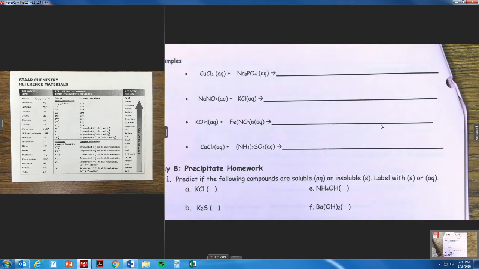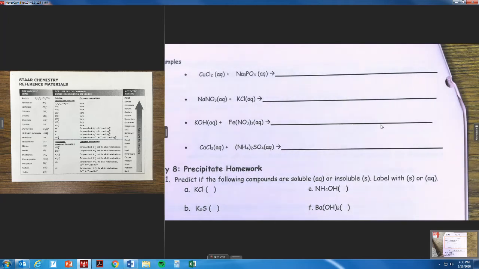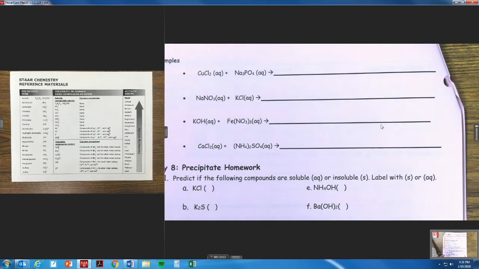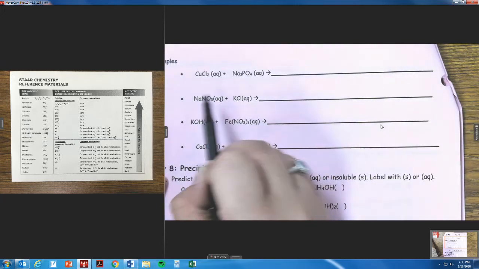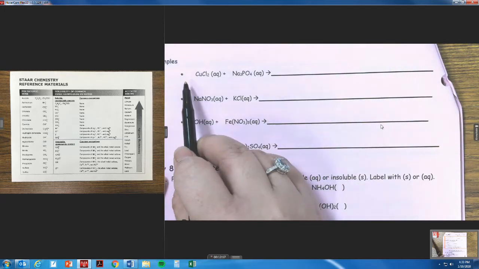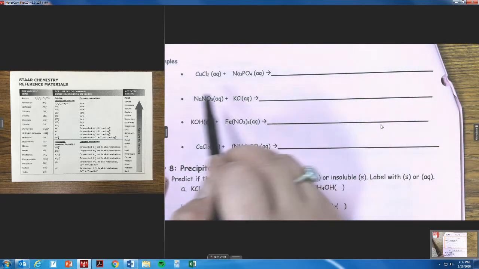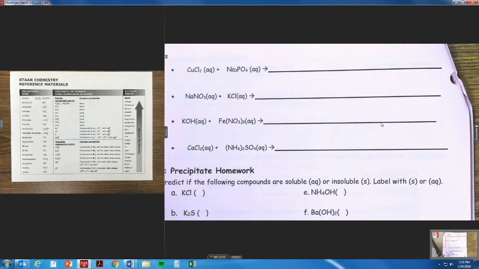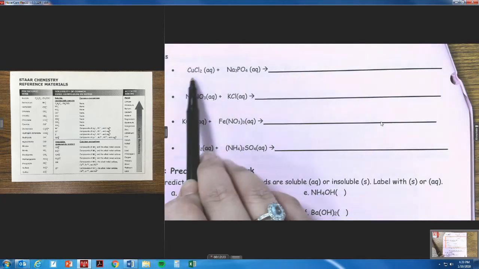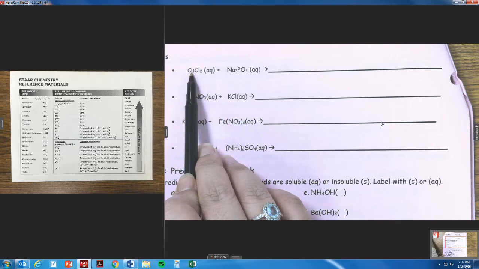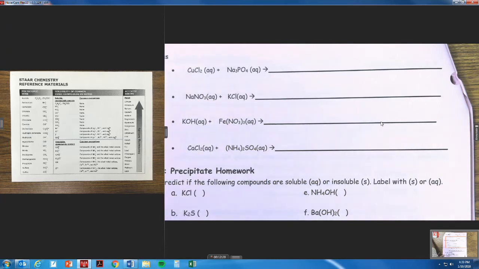So our first step is to predict our products. Remember, your inner ions are going to create a compound, and then your outer ions are going to create a compound. Or you can think of it as your cations are going to switch places.